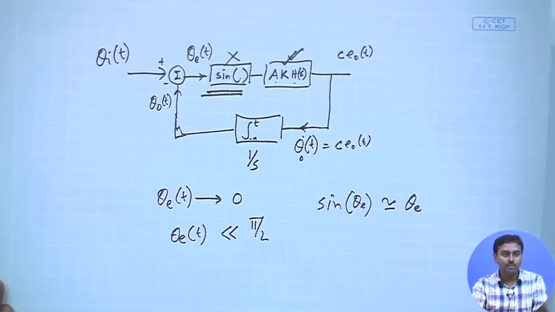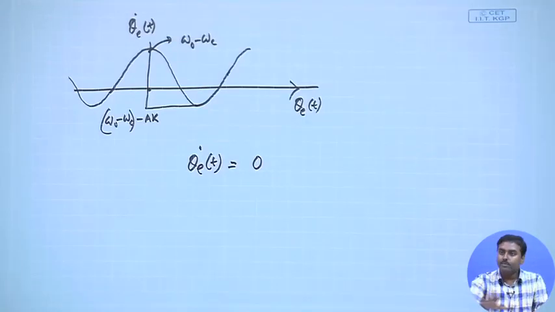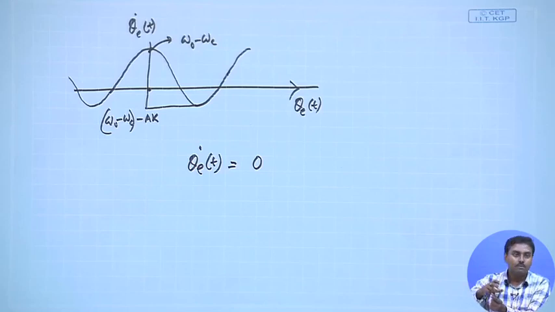If that input is 0, that means there is no point in changing the VCO. Now the VCO is locked. So whenever that input becomes 0, that is where it will be in equilibrium.